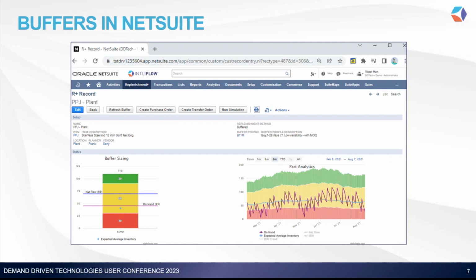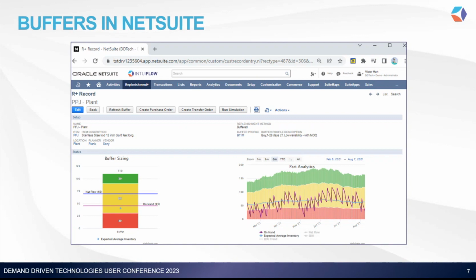So it was on hand divided by this expected average inventory, I think. I don't think we have anything in the Intuiflow record like we're looking at here. You can create a search with a custom formula, maybe get that ratio, if you wanted to do a report to show it over time. Do you do it every day?